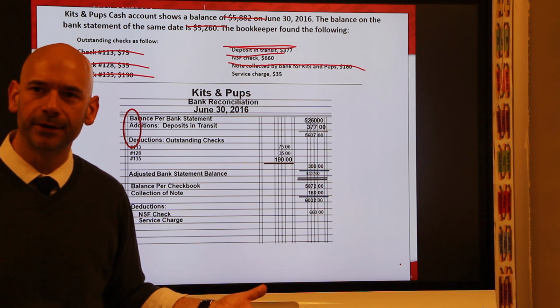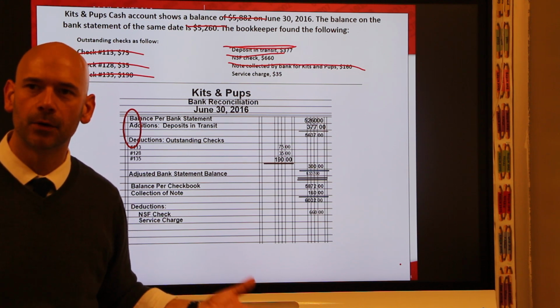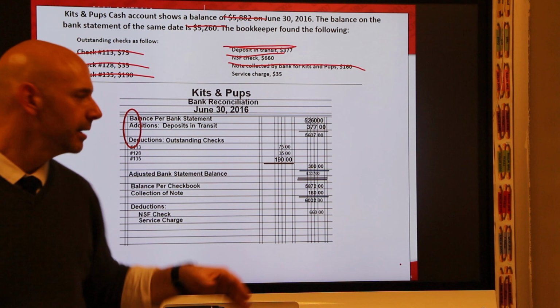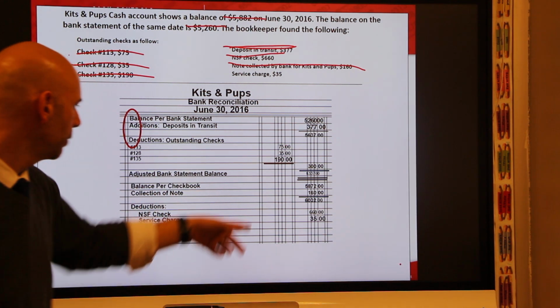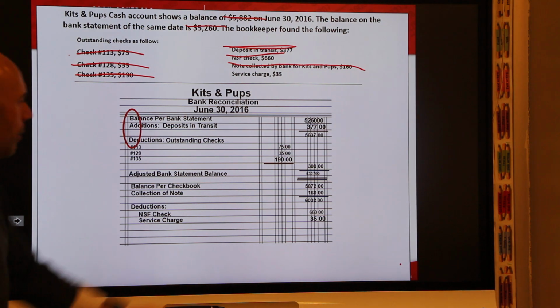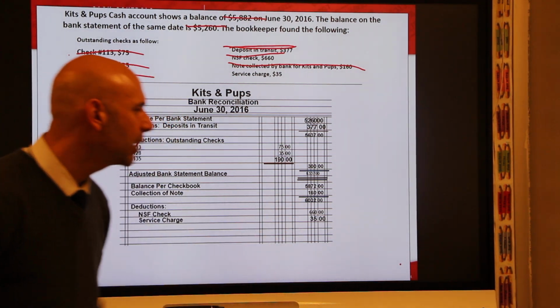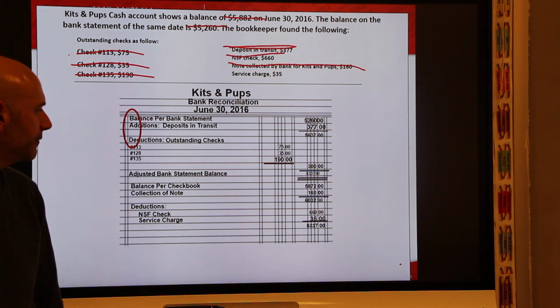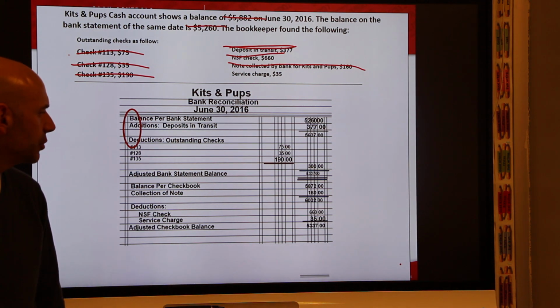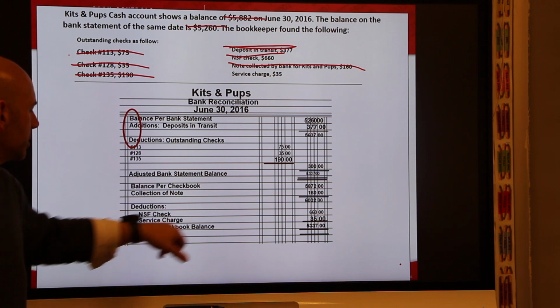Well, we didn't write anywhere in the checkbook that $35 was coming out. So now we have to reduce it from the checkbook balance. So $35 is another deduction that we're going to take off. Now we take our 2 deductions and subtract them from the subtotal. And when we do that, it gives us $5,337 as our adjusted checkbook balance.